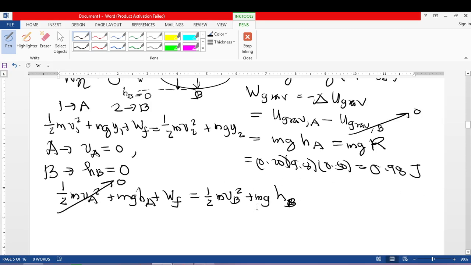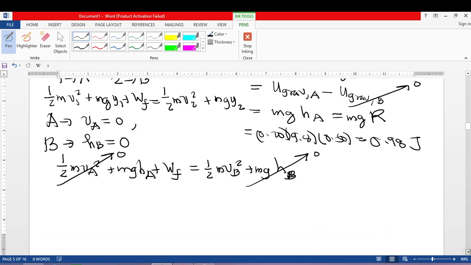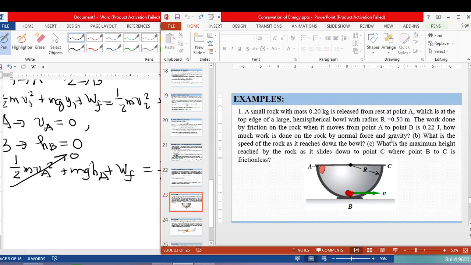At point B there is no height because it is the reference level, so there is no potential energy. Our unknown is the speed at point B. The work done by the friction is actually equal to 0.22 joules. Remember that the work done by the friction is negative in this configuration, because friction is always opposing the motion.